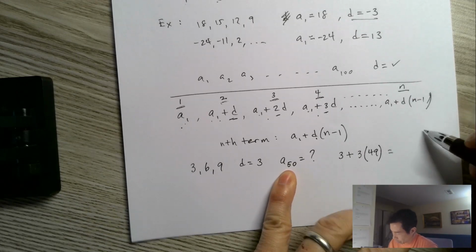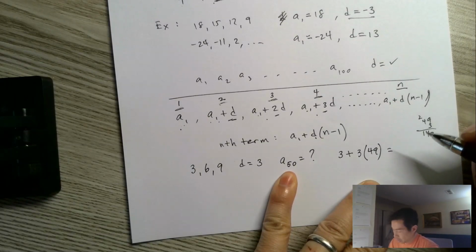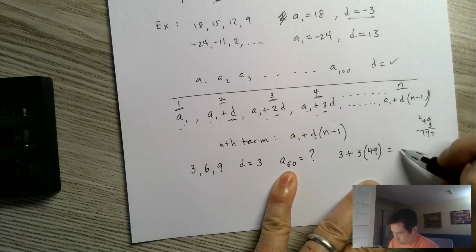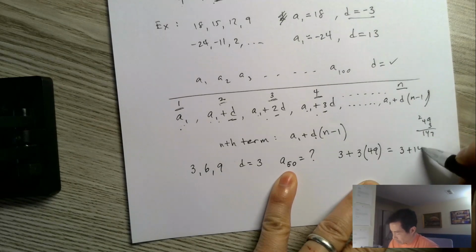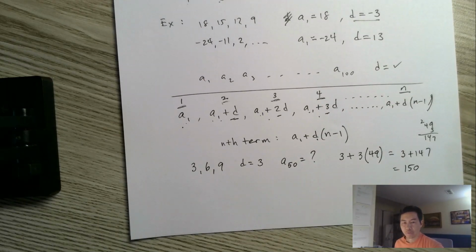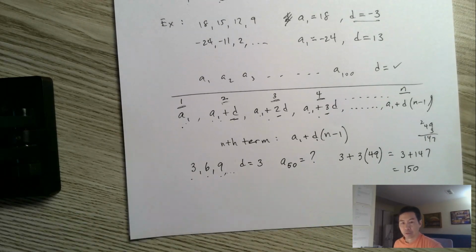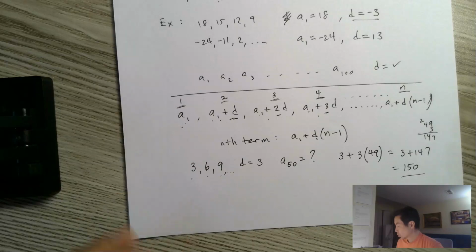I'll do a little quick multiplication here. Three times 49 is 147, and then I add 3 to it for the first term, and I get 150. So the 50th term in 3, 6, 9, dot dot dot is 150.